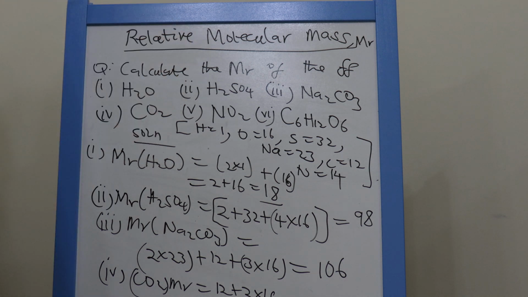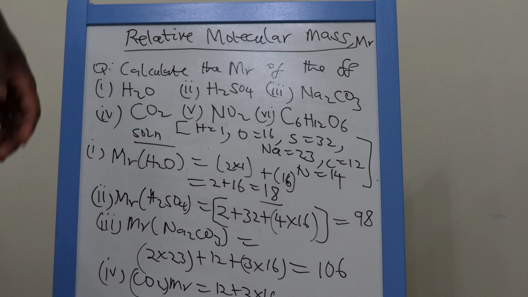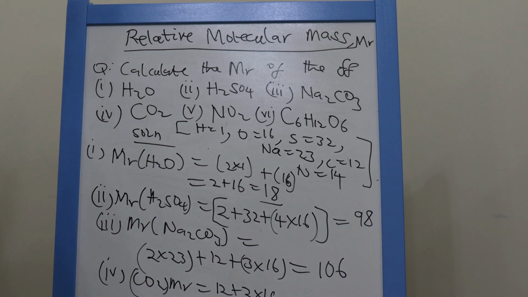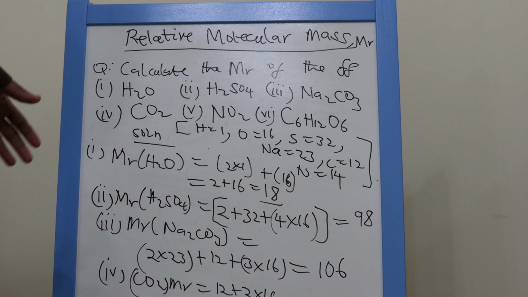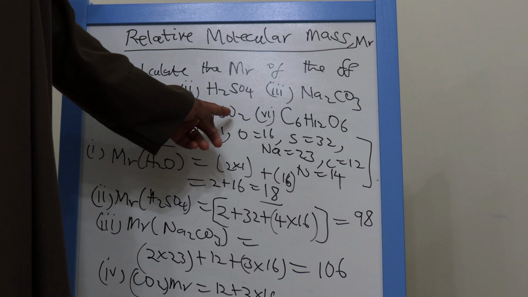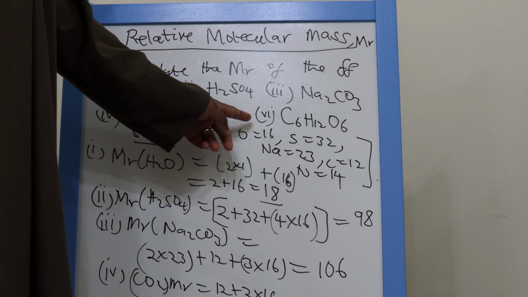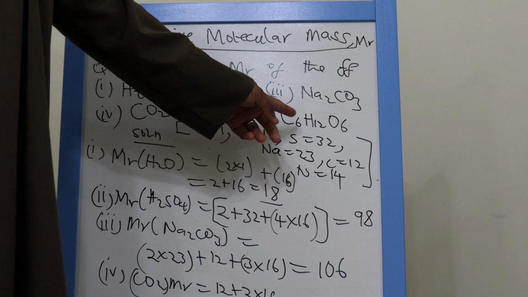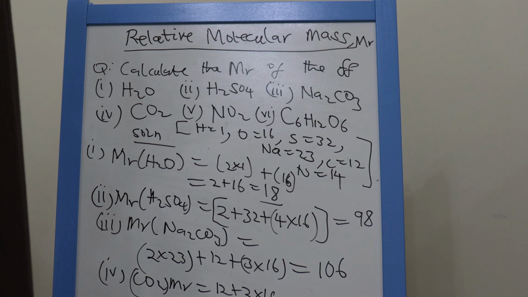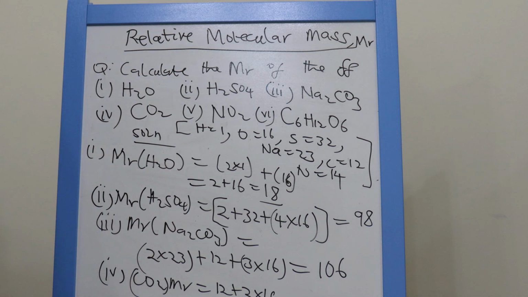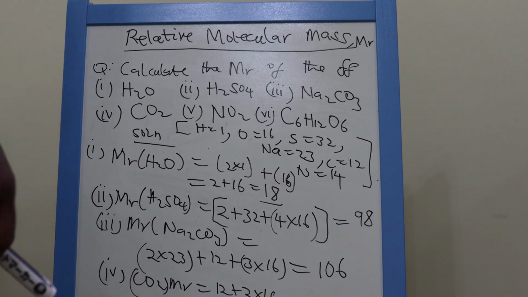So far, this is how to calculate the relative molecular masses of these substances or chemical compounds. I hope we've understood it, and I will leave the rest, which are NO2, nitrogen dioxide, and C6H12O6, as an assignment for the viewers to try and give the answers in the comment box.